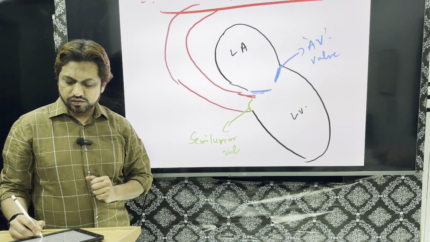Here this is the ventricular pressure, and this blue color is the atrial pressure. Now slightly the ventricular pressure will be more compared to the atrium. This B point indicates the first heart sound, and it is due to closure of the atrioventricular valves.